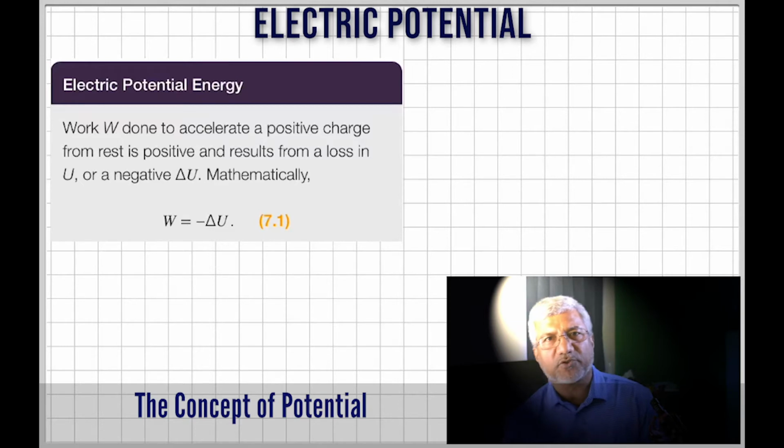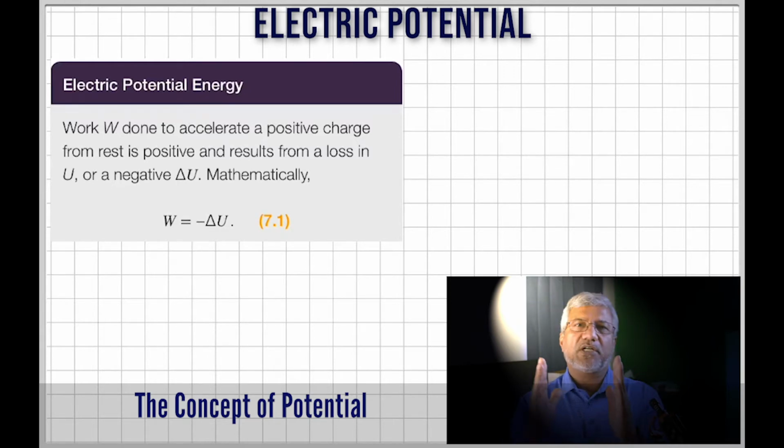On the other hand, if you try to lift it up, you're going against the gravitational force. Now, the change in potential energy is positive, but the work done by the external agency is negative. So they're always opposite.